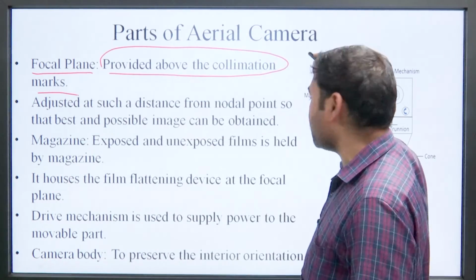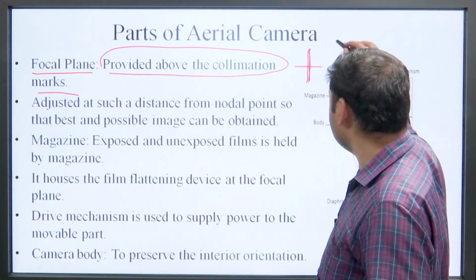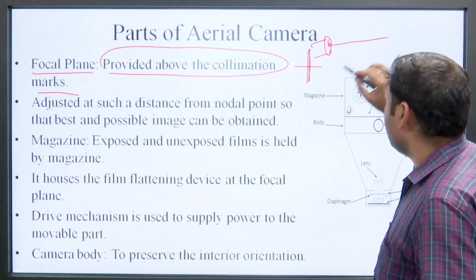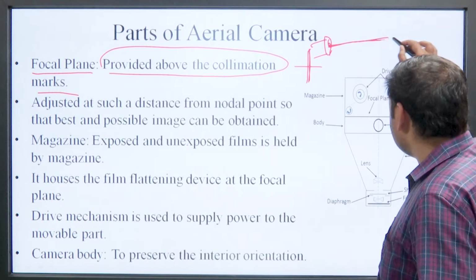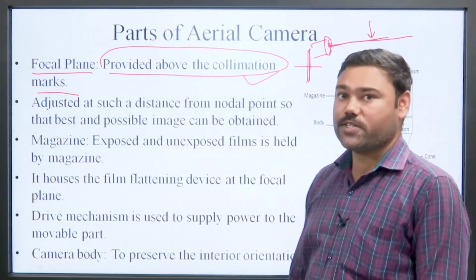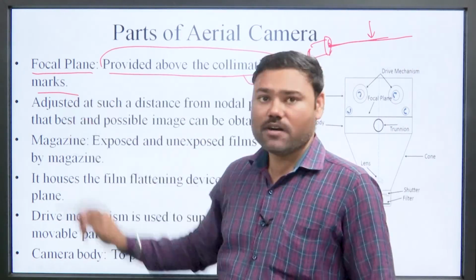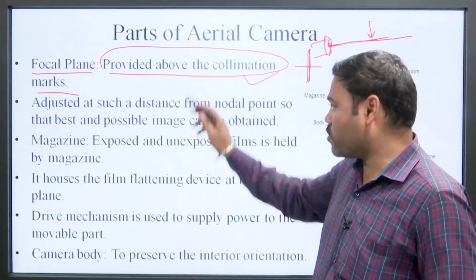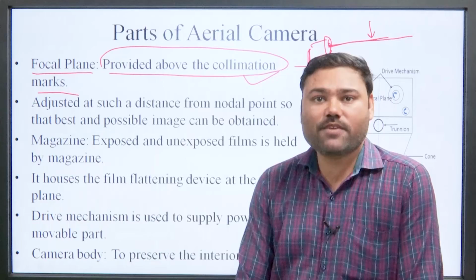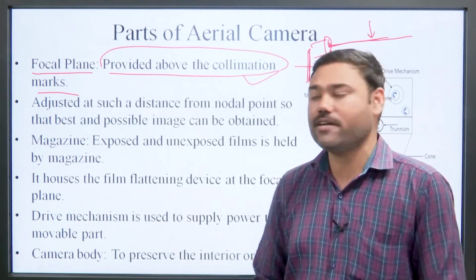A collimation mark can be defined as the intersection of two different lines, that is, the camera axis, which is also known as collimation. The focal plane must be adjusted at such a distance from the nodal point that the best possible image can be obtained.